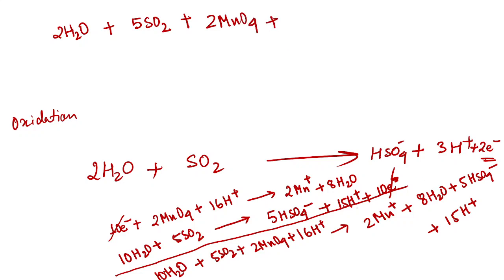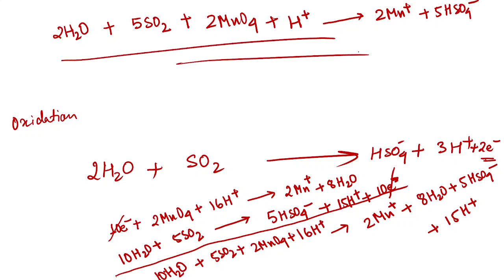When this 15H positive comes to this side, it becomes plus H positive, and this changes to 2Mn positive plus 5HSO4 negative, and this is your final balanced reaction.